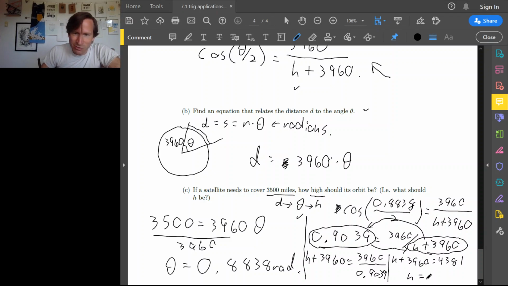And so finally we can subtract 3,960 and we get 421. And this is in miles. So we should plan on getting our satellite up into an orbit that's 421 miles above the surface of the Earth, which is well outside the atmosphere of the Earth. So it should be pretty safe up there.